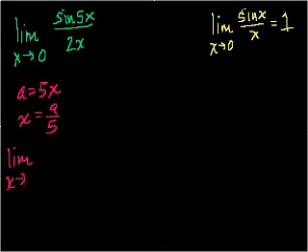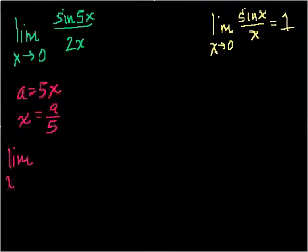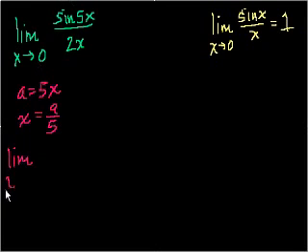This should say the limit as a approaches 0, right? Because if a approaches 0 here, that's going to make x approach 0.